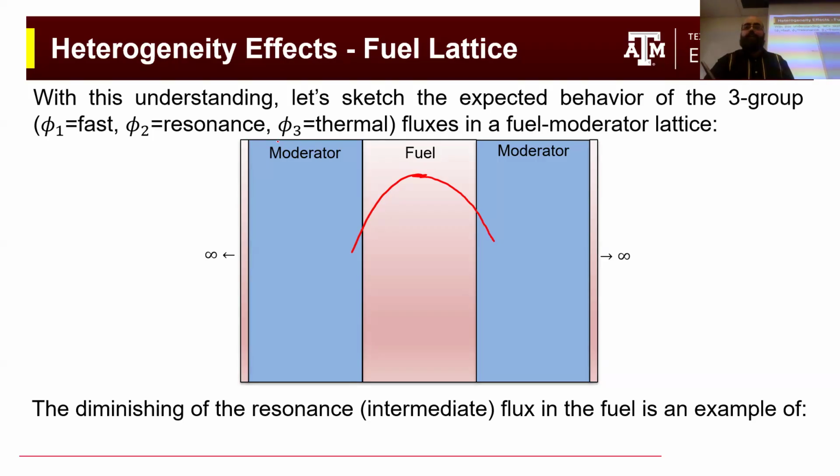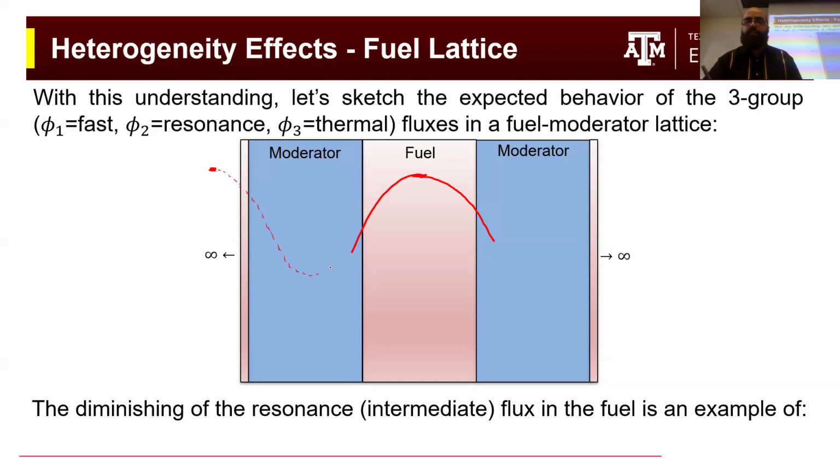And so just like we have fuel here, we also have another fuel element here, and we have another fuel element here. So the peak of this fuel region is going to be somewhere over here. So we're almost imagining this peak is coming down, and basically these fluxes are going to meet.